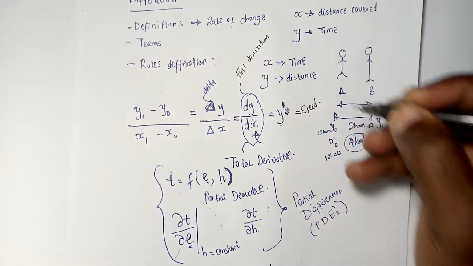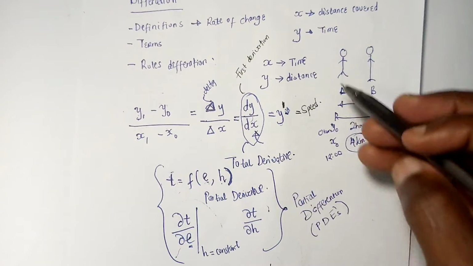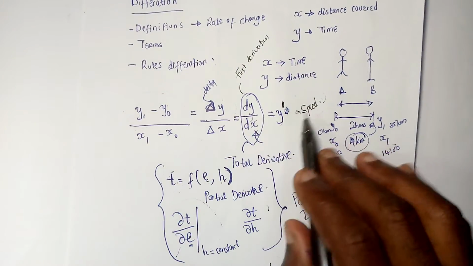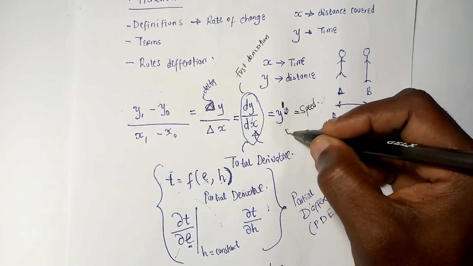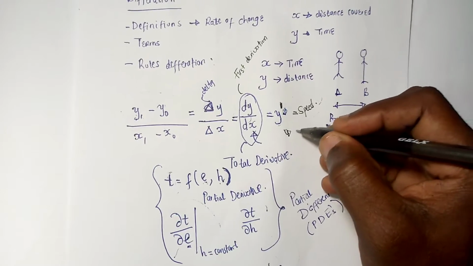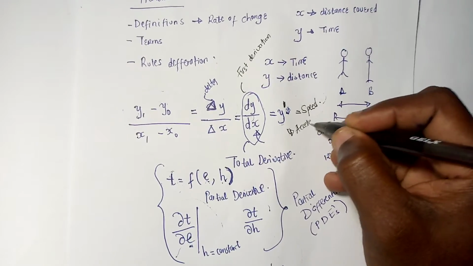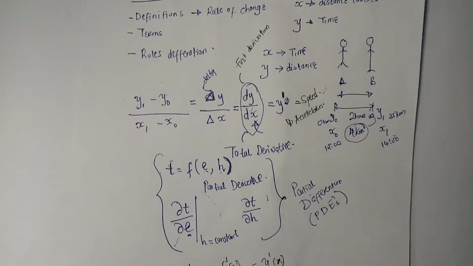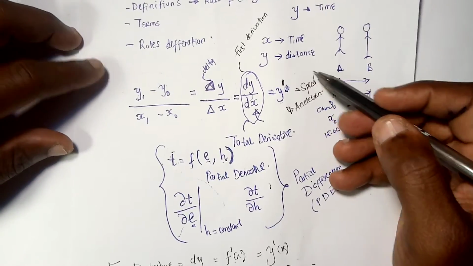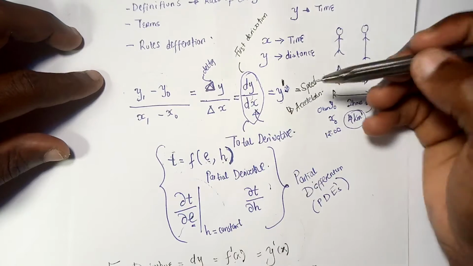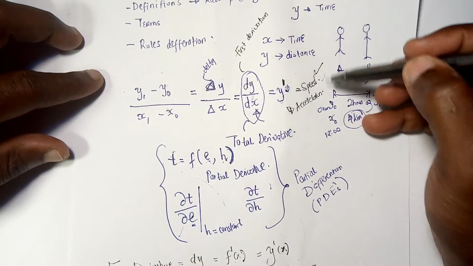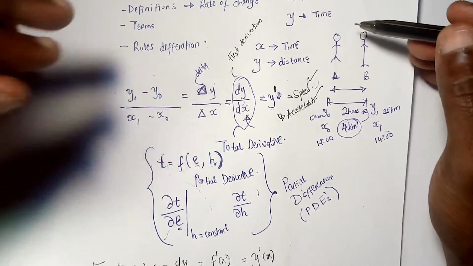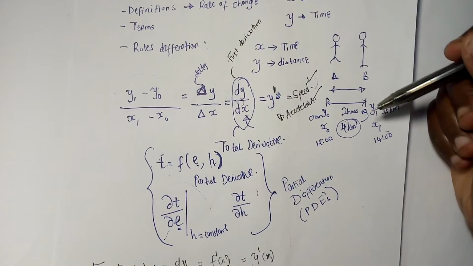But if you take the speed and differentiate it again with respect to time, you're going to get something that is known as acceleration. So there's speed and there's acceleration, realize that speed is a first derivative, acceleration is a second derivative. But all of them talk about rates of change.